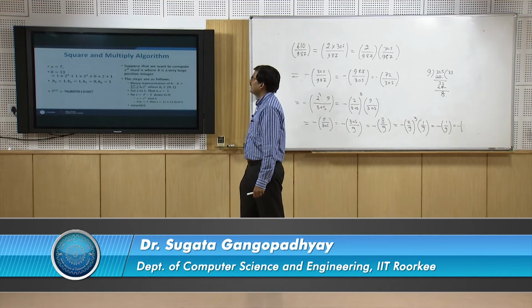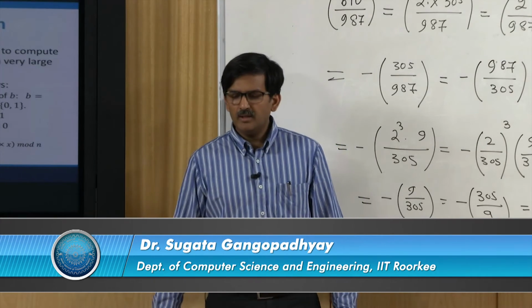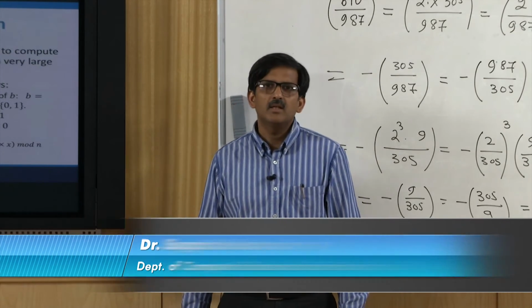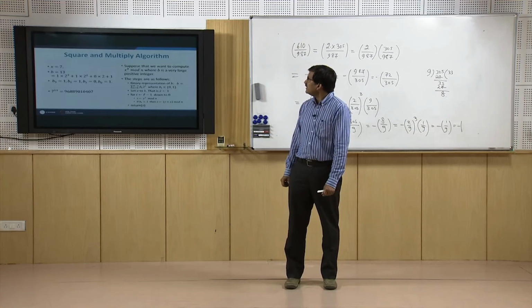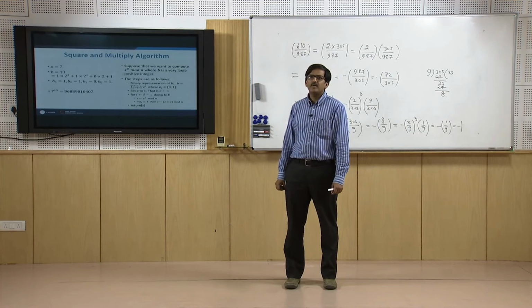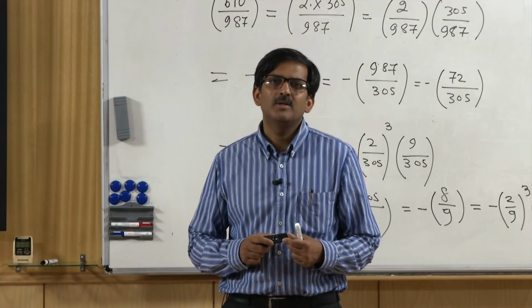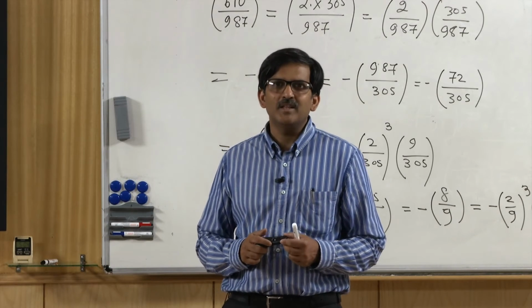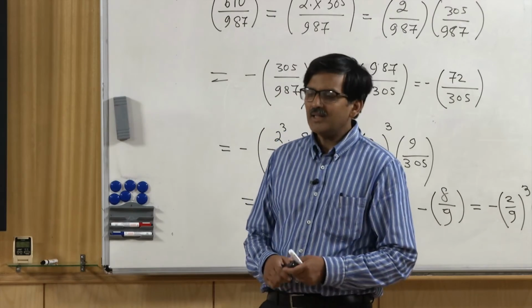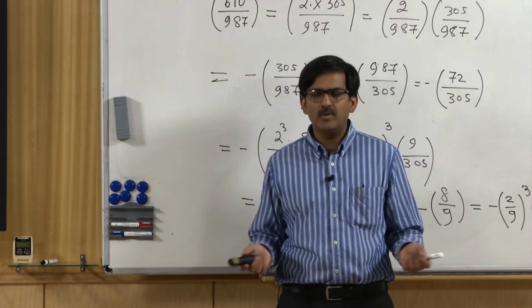Now, the last problem. This is an algorithm that we have done in one of our previous lectures, and this is called the square and multiply algorithm. This algorithm is a fundamental algorithm that is required for practical effectiveness of RSA, because in RSA we need exponentiation of large numbers by large numbers.